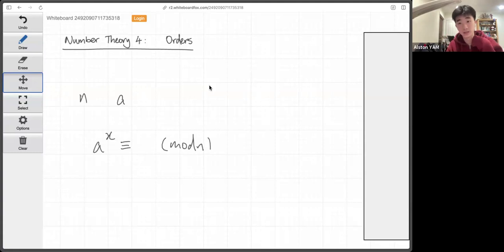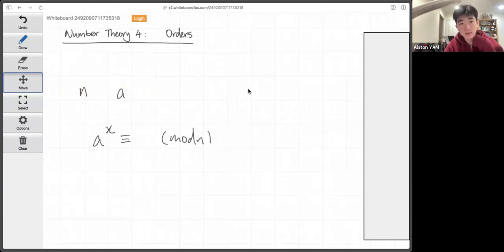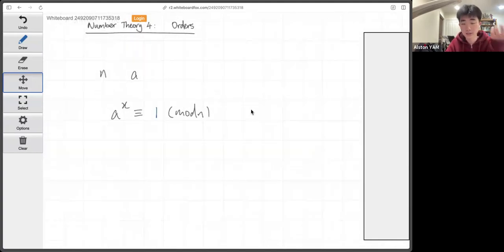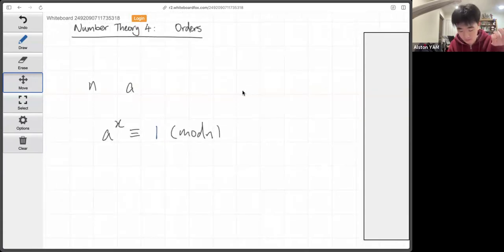And again, mod n just means I'm dividing a to the x by n, and then I'm looking at the remainder, right? And the thing with orders is that I am specifically interested for when a to the x is congruent to 1 under mod n. Because a to the x congruent to 1 mod n has some pretty interesting properties, right? And then it'll be really useful if we can make use of these properties.